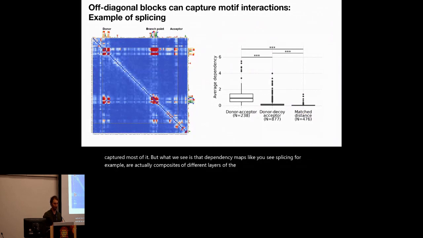So you cannot find the dependencies you see in splicing in just one attention map. They will be scattered across attention maps. Okay. So this is a more objective metric of getting the information between these nucleotides. The attention maps would be a more indirect version. Right. There wouldn't be an obvious way to do a direct comparison of those two things.